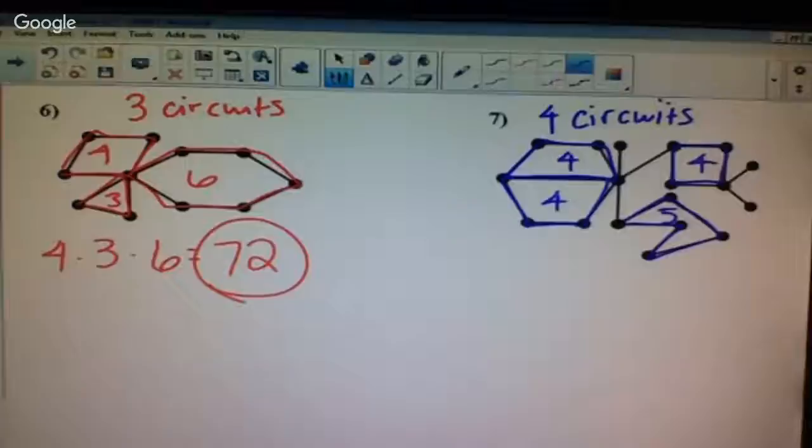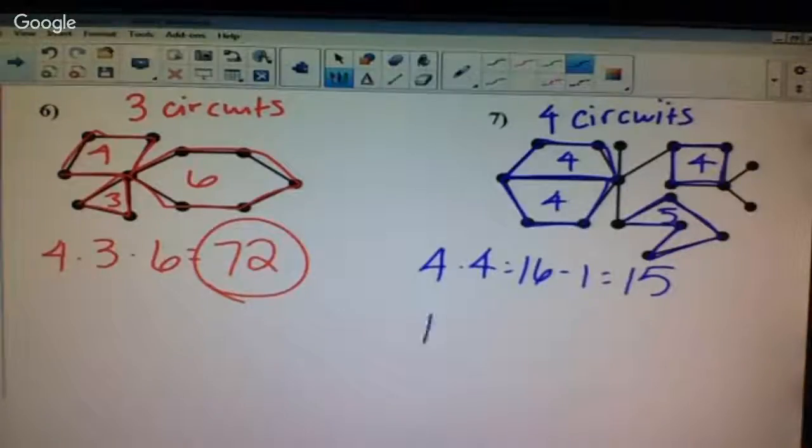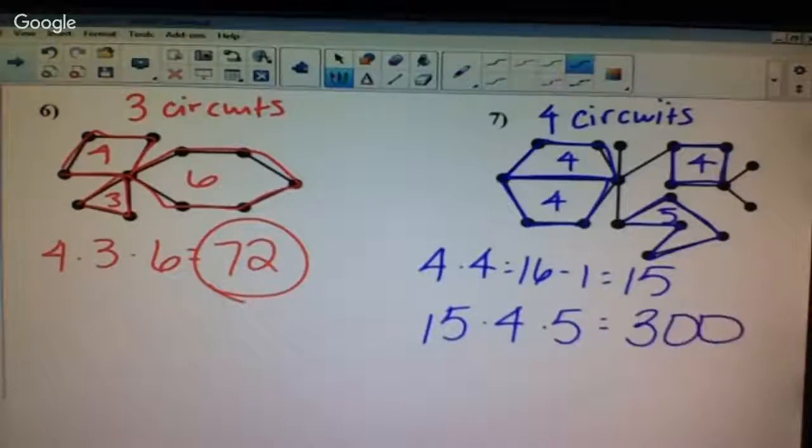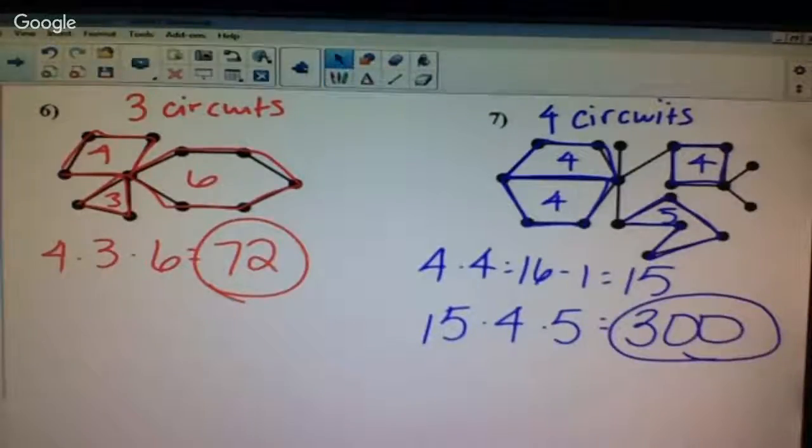These two share something in common, so we've got to do that first. 4 times 4 gave us 16, but we have to take away that edge they share, so I've got 15 options here. Then I've got 4 options and 5 options. So there's 300 different ways to write a spanning tree in this picture.